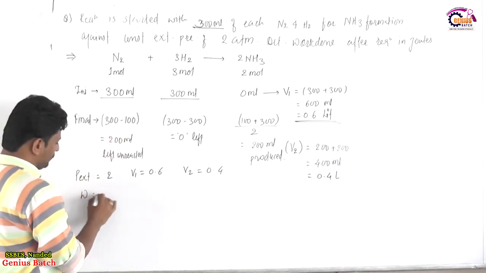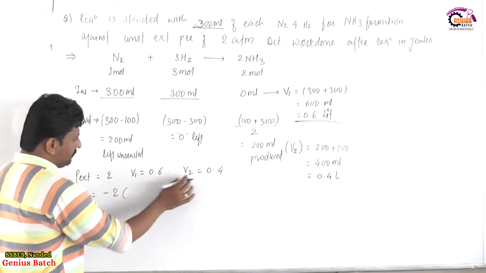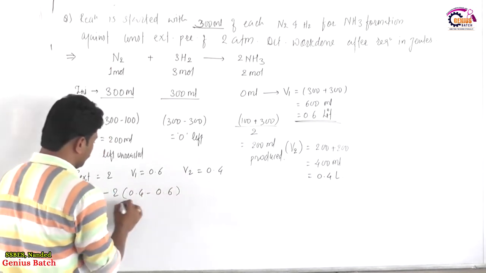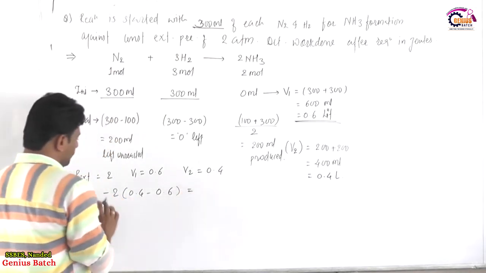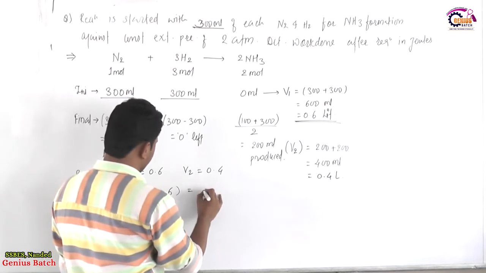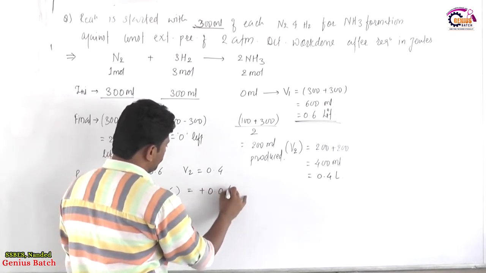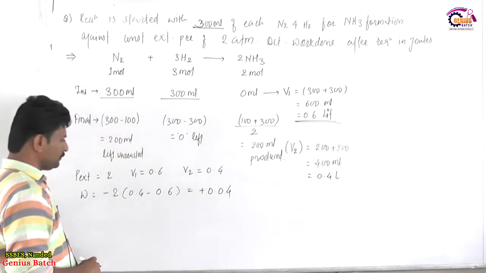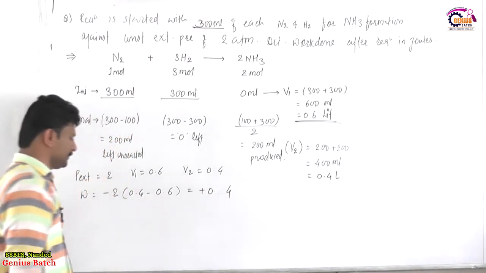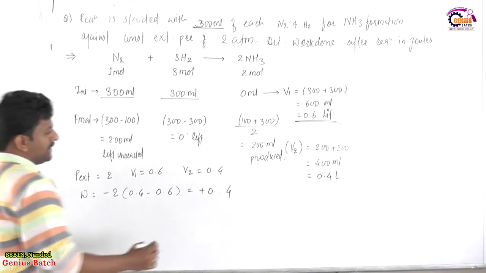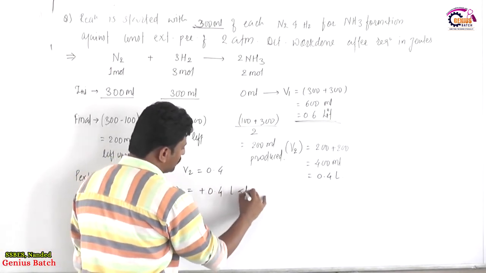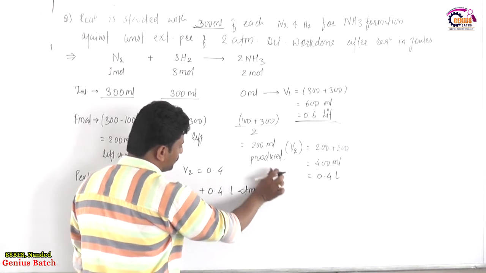So W is equal to minus 2 times (V2, 0.4 minus 0.6), and on further solving it will be minus 2 into minus 0.2, which means plus 0.4. So 0.4 liter atmosphere, this much work done.